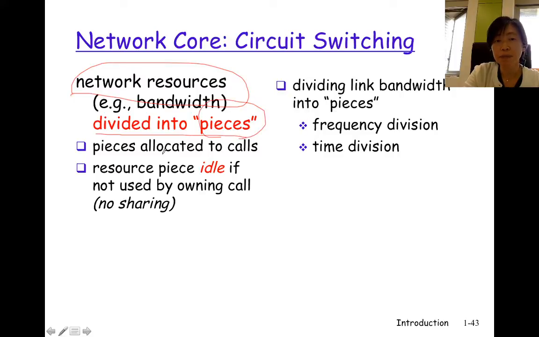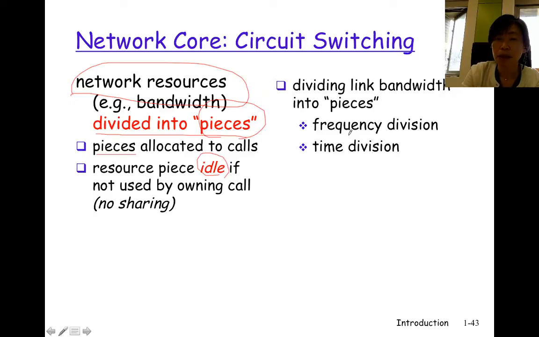Usually for a call, a piece is allocated. So the blue call gets allocated a piece. The red call also gets allocated a piece. Now, when the owner of the allocated piece is not doing anything, that piece will stay idle. So this can be considered a bit wasteful because it's not being shared.